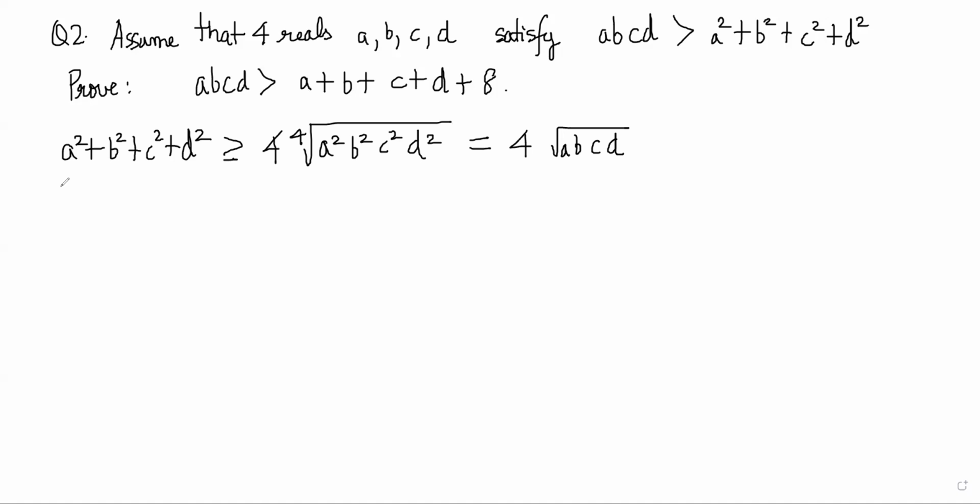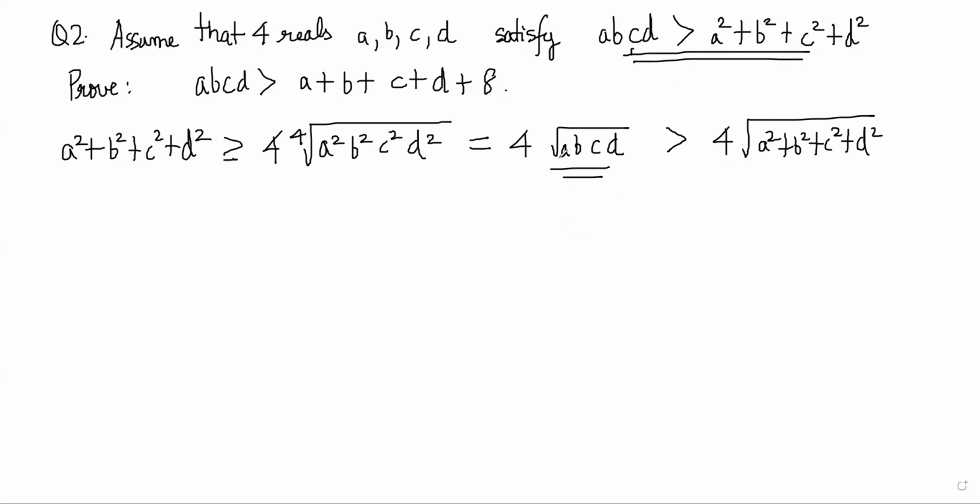And this itself is greater than, basically we can say, 4 times root of A square plus B square plus C square plus D square, right? Because we are using this condition, ABCD is greater than this, so we have replaced this.